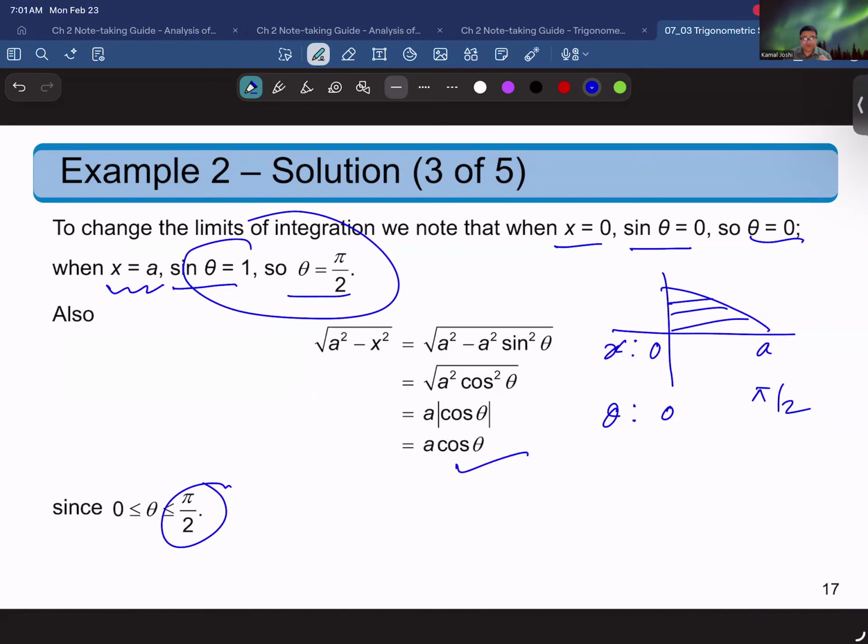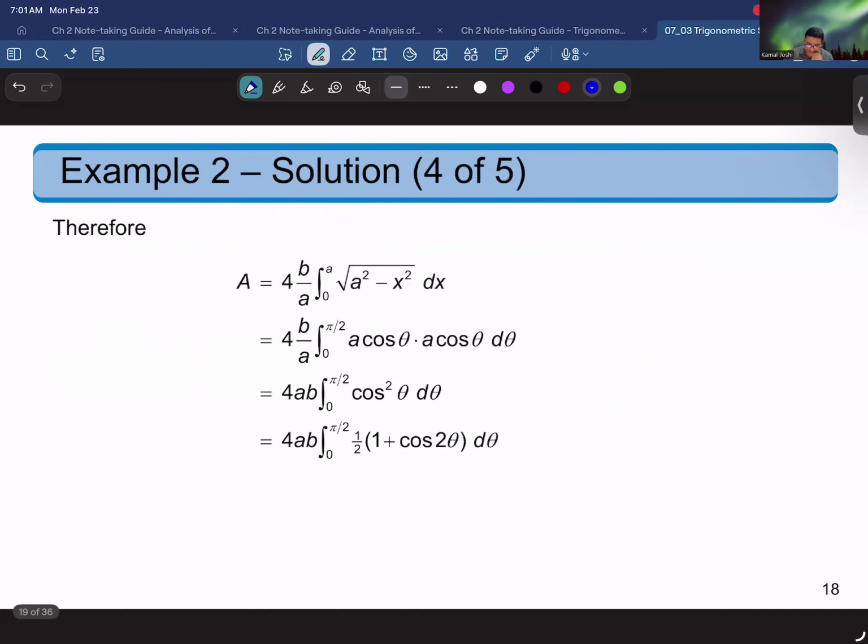And this is the substitution, okay? Let's now go back to writing the area. The expression for y, y equals b over a under root a square minus x square, we had obtained earlier, and we are integrating that right now.